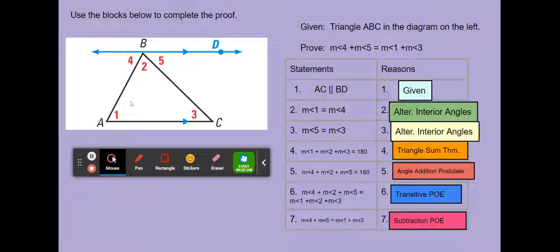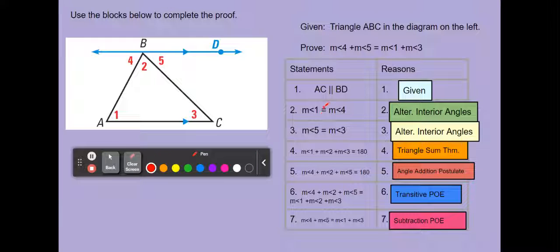1 and 4, those are alternate interior angles, and they are congruent since we said the lines are parallel. 5 and 3 are also alternate interior angles, so they must be congruent. If we add together 1, 2, and 3, has to equal 180 because that is the triangle sum theorem.